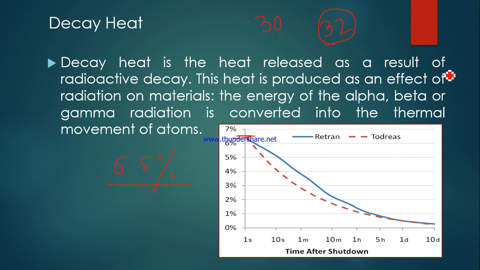For that, say if there are 2 loops and each loop has one primary heat exchanger, you need a total of 4 decay heat exchangers. Definitely it should be a passive device, meaning there should not be any active component.